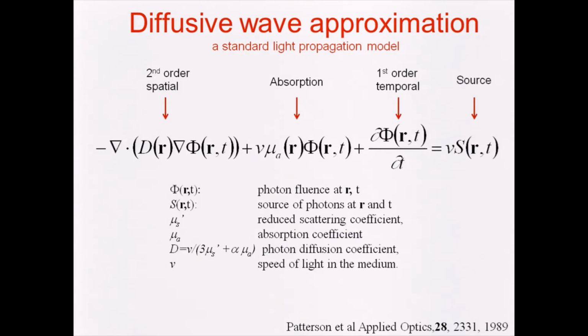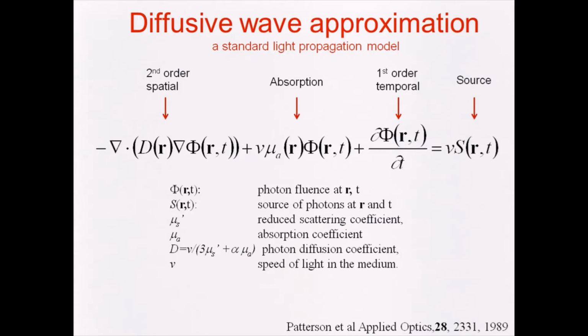We have an absorption term, which is just the absorption coefficient times the light photon fluence, a first-order derivative in time, and then we have the source of light where you're injecting light into the tissue. So the only physical parameters of the tissue coming into this equation are the absorption coefficient and the reduced scattering coefficient.